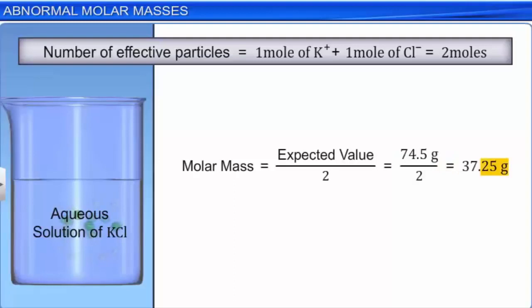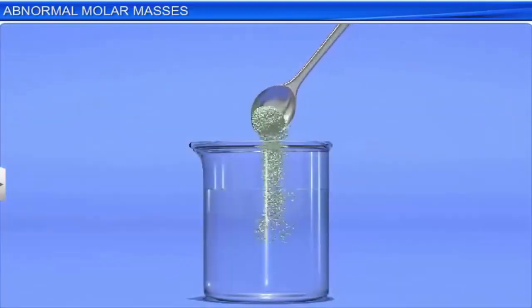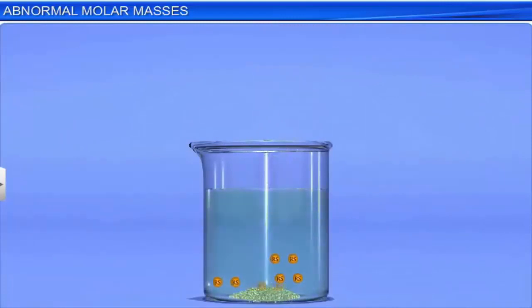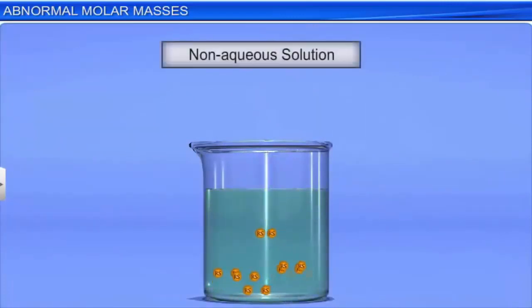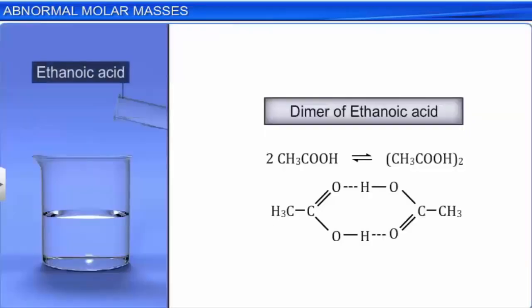Similarly, there are many organic solutes that undergo association in a non-aqueous solution. That is, 2 or more molecules of the solute associate to form a bigger molecule. For example, ethanoic acid in benzene exists as a dimer due to hydrogen bonding.